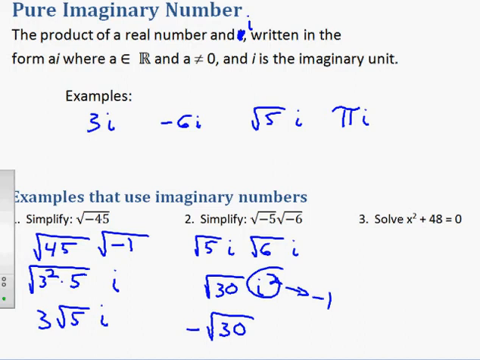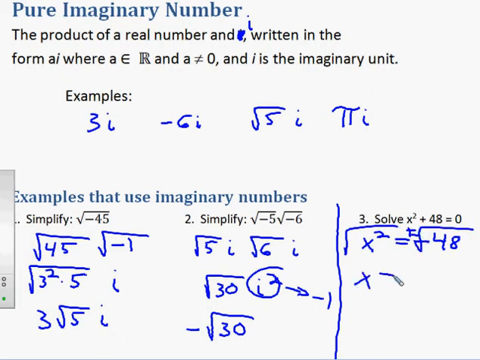And the last example here is actually a solve. This was under one of our last objectives. We should be able to solve things in this form: x squared plus a number equals 0, and this is a positive. So what we're going to do, we're going to subtract 48 from both sides, so x squared is equal to negative 48. And then we would take the square root of both sides. We put plus or minus. X equals plus or minus the square root of negative 48.